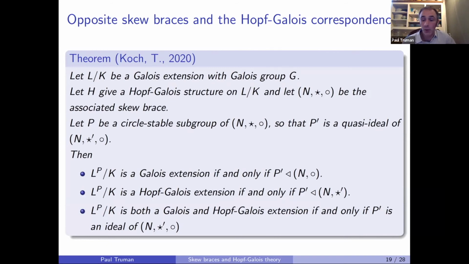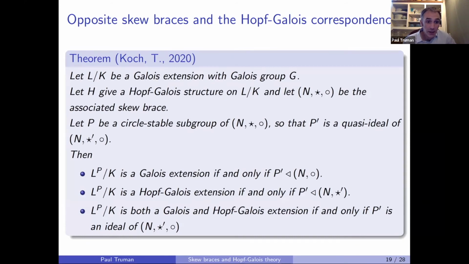The second bullet point here picks up on a lot of that. When I say L fixed by P down to K is a Hopf-Galois extension, you can construct the Hopf-Galois structure on that extension quite explicitly from this kind of information.